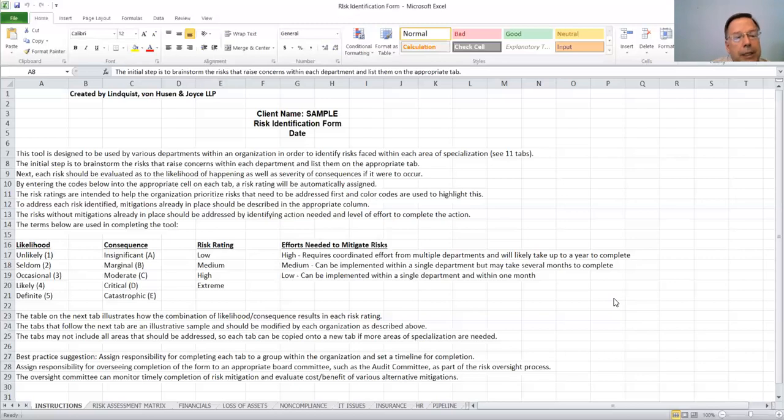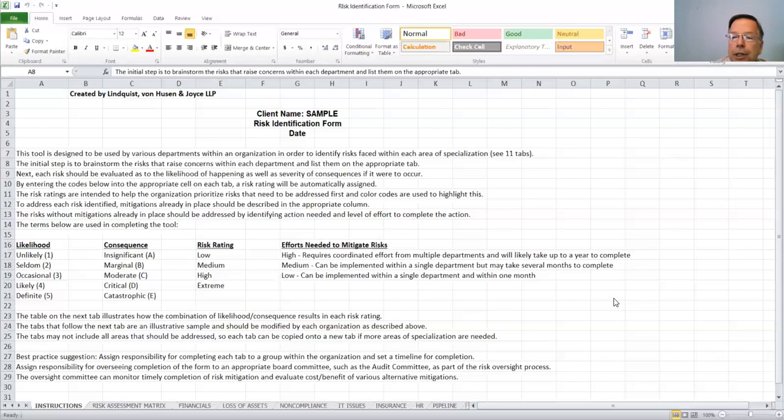So ultimately, the exercise is to first think about what are the risks, and then secondly, try to assess the likelihood and the consequence of each of these risks. And then the form will automatically populate this risk rating, which is that next column on the instructions. And so it'll either say it's a low risk, a medium risk, a high risk, or an extreme risk.